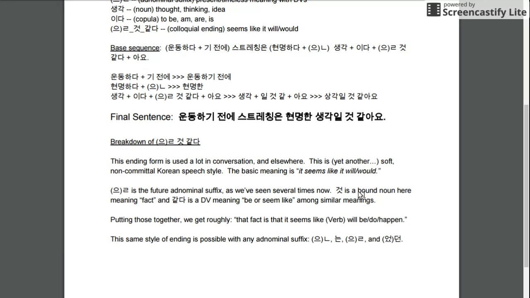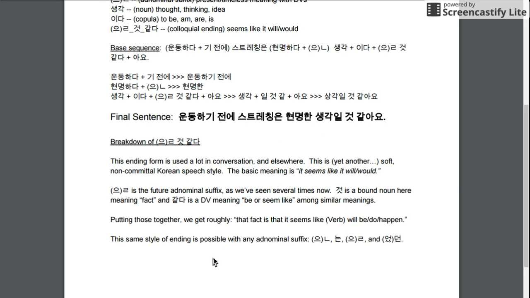And then got is a bound noun that means fact, and gata is a descriptive verb meaning be or seem like. Actually, also really common with a lot of meanings. And got has a lot of different uses and meanings too. Okay, putting these together, we get the fact. The fact is that it seems like the verb, whatever the verb is, will be, do, or happen. The fact is that it seems like it would be a good idea, kind of a wise idea.